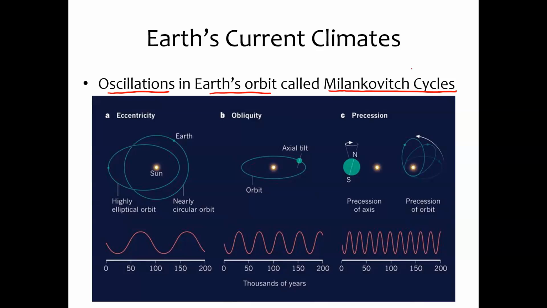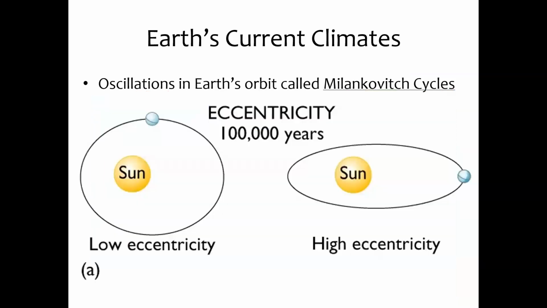And those changes happen on tens to hundreds of thousands of year timescales, which we call Milankovitch cycles after the first scientists that characterized them and described their significance in terms of Earth's climate. We can break them up into three: eccentricity, obliquity or tilt, and precession. We'll talk a little bit about what each of those is.